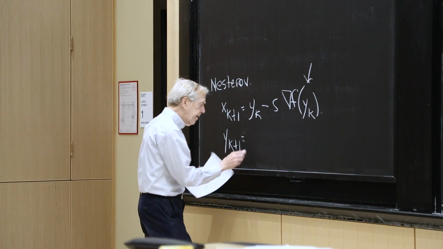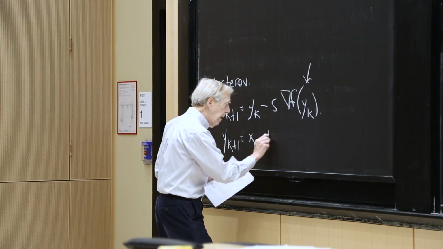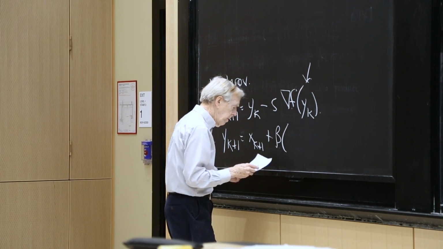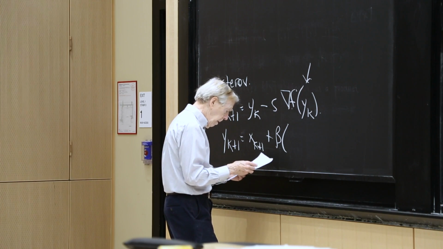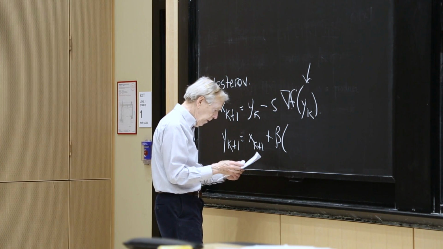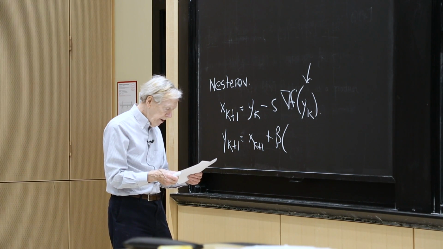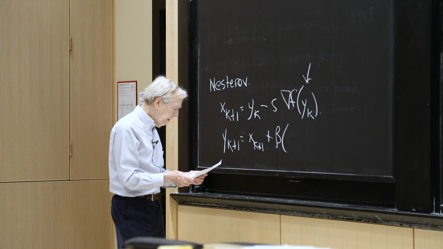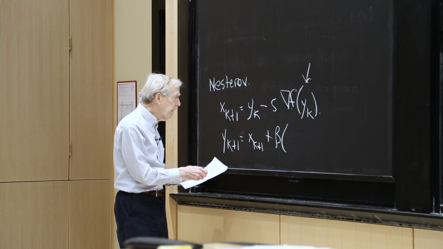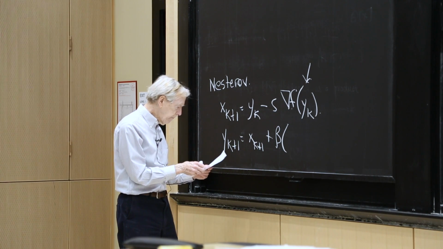So the y's are like the x's, but they're shifted a little bit by some term, and beta would be fine. Yes, Nesterov has a factor gamma in. Let me try to get this right.